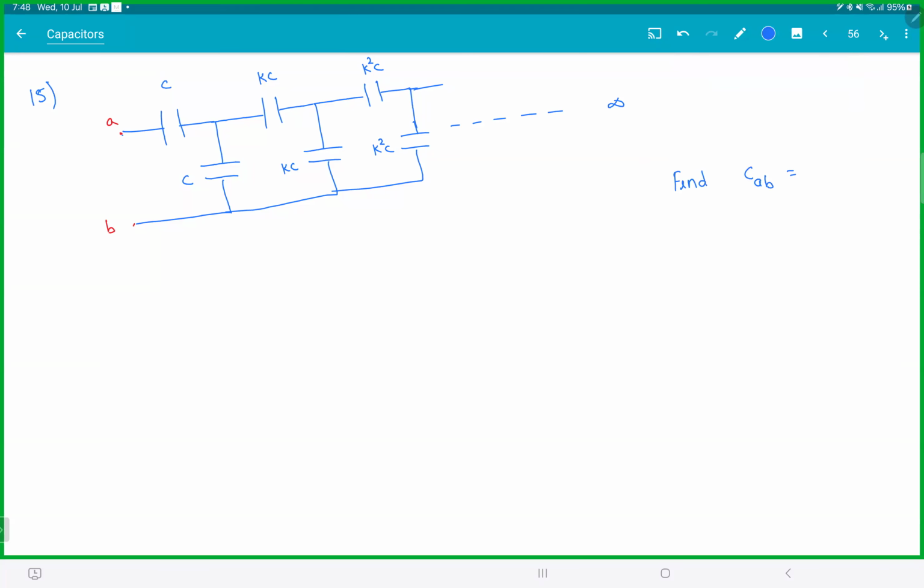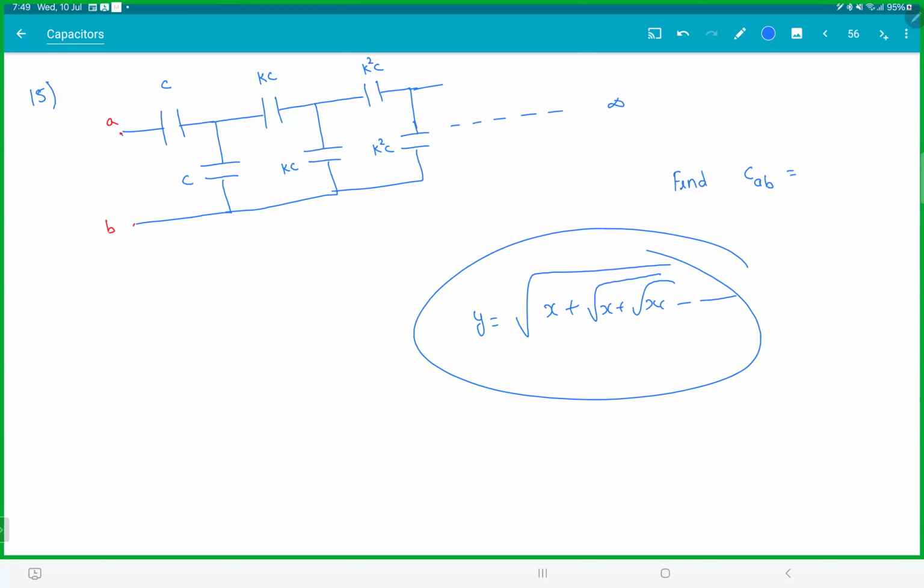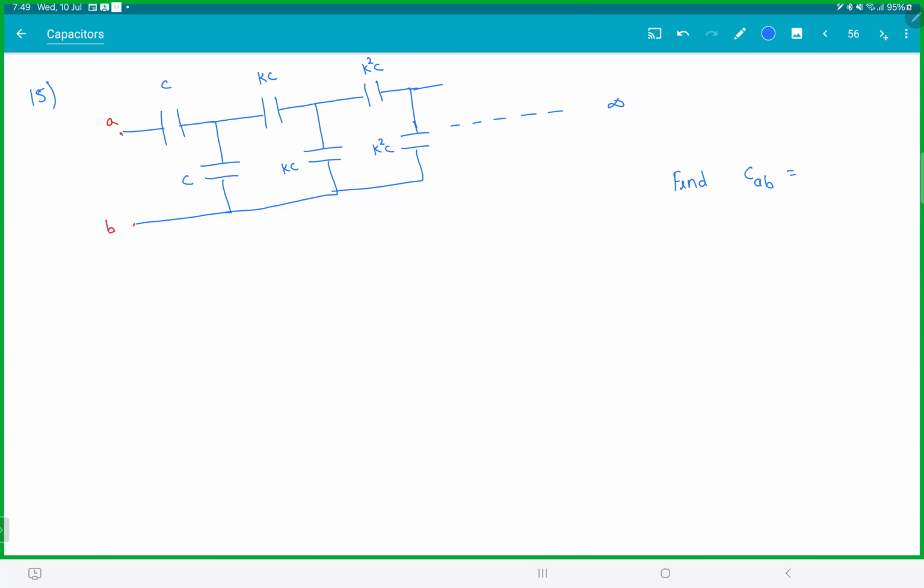And whenever you get an infinite grid, we have done something like this in NLM also. I taught you something. Remember this function? Y is equal to root x plus root x plus root x plus root x. This is the inspiration for this problem. How do we approach this? So these are infinite grids. The standard question is when K is 1.